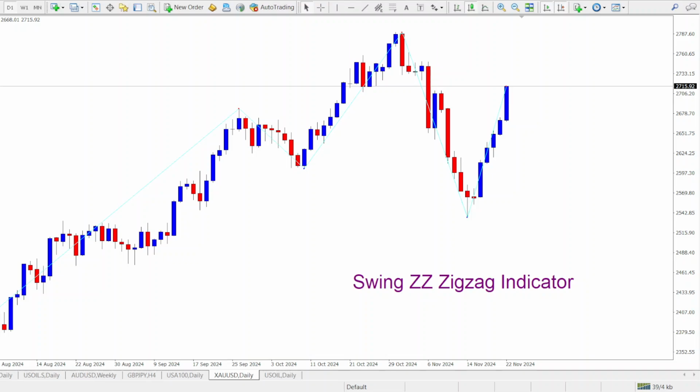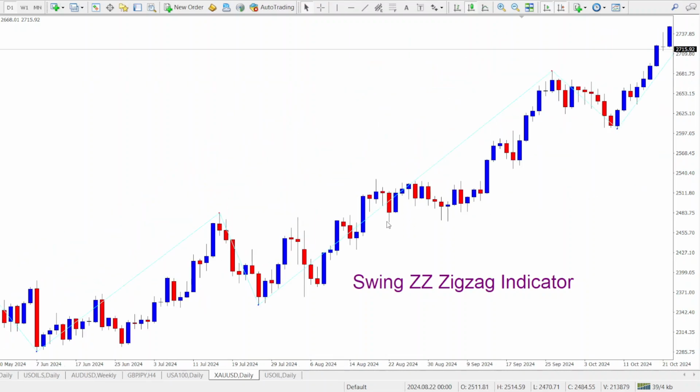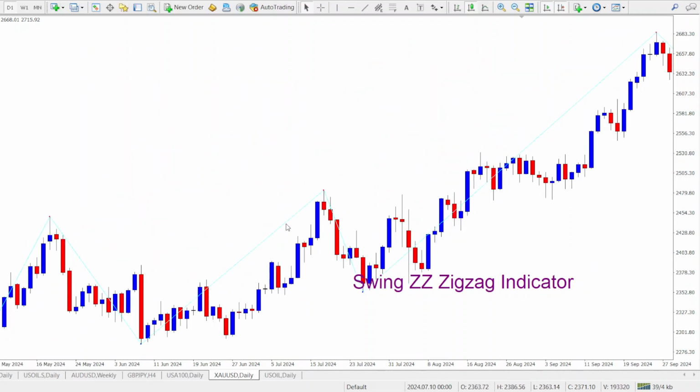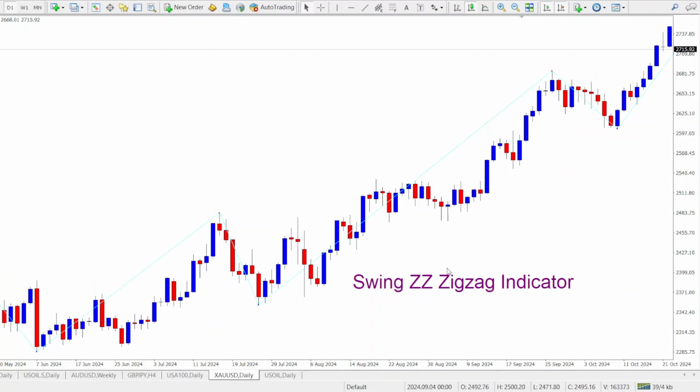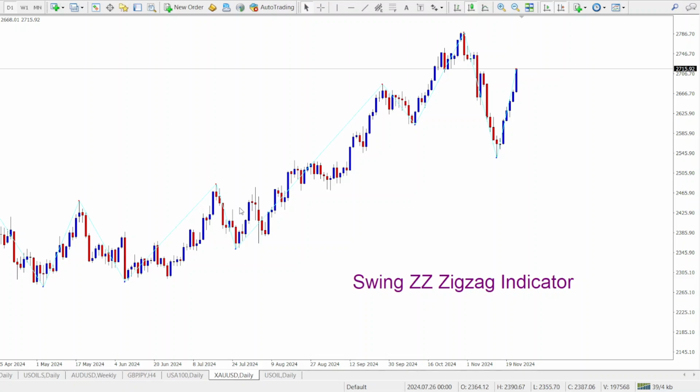Now, this indicator identifies impulsive and corrective moves. When the high point of the impulsive move has been reached in a bullish trend, for example, the indicator identifies the corrective move by moving in the direction of that corrective move.